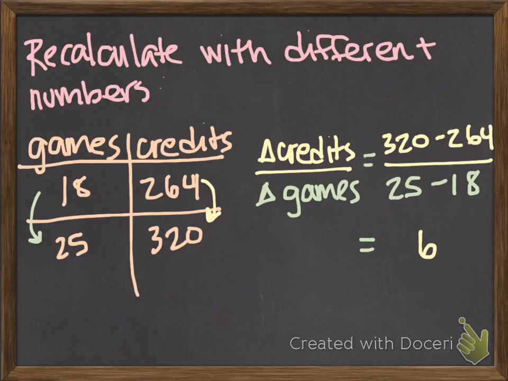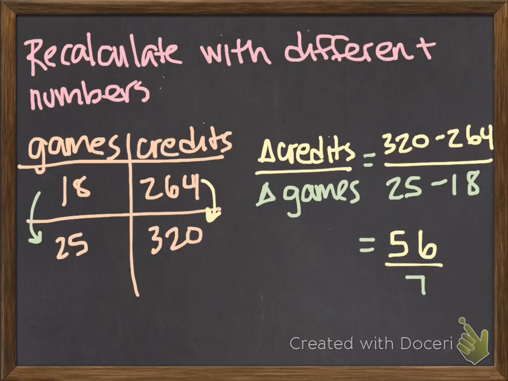Now to get to 320 quickly, if I added 6 to 264, I would get 270. And then I'm only 50 away from 320. So I know that 320 minus 264 is 56. And then 25 minus 18 is 7.